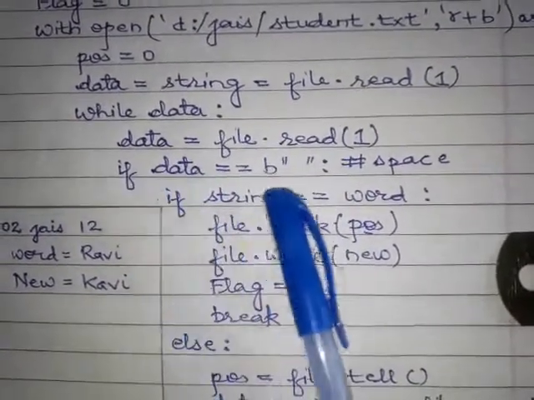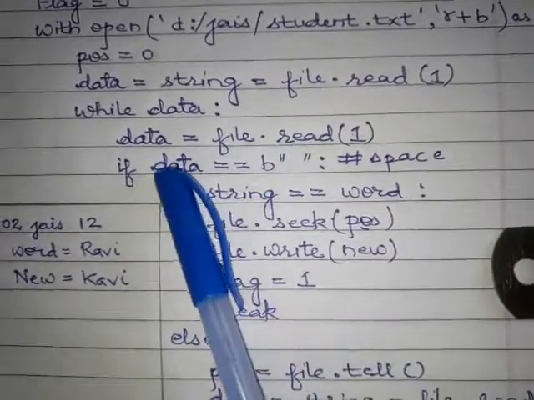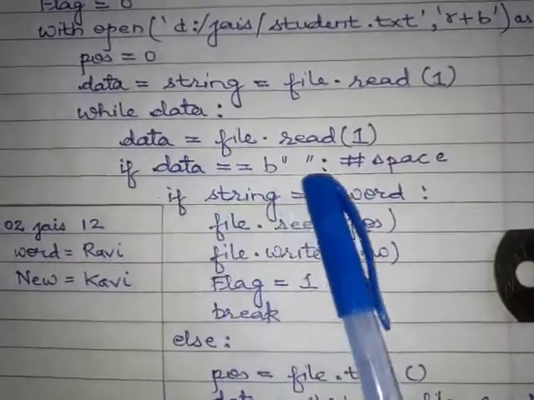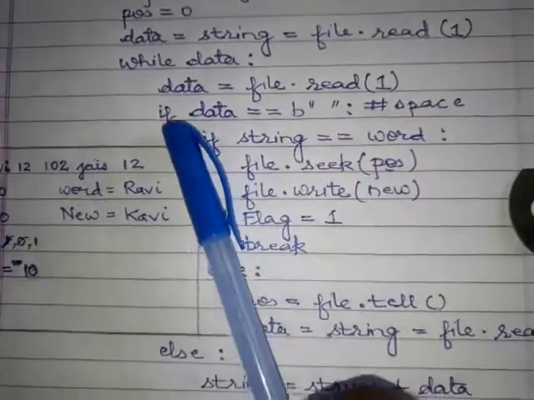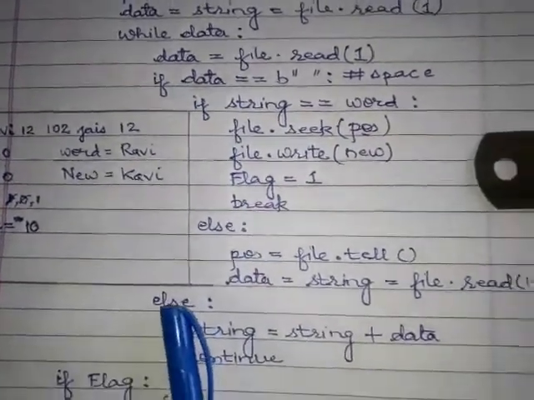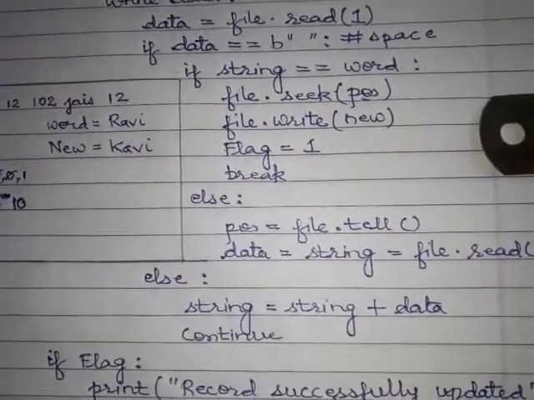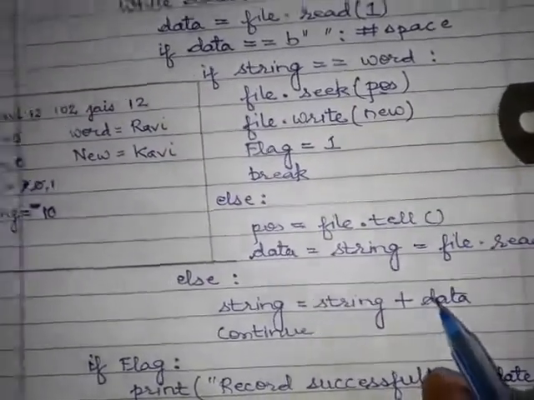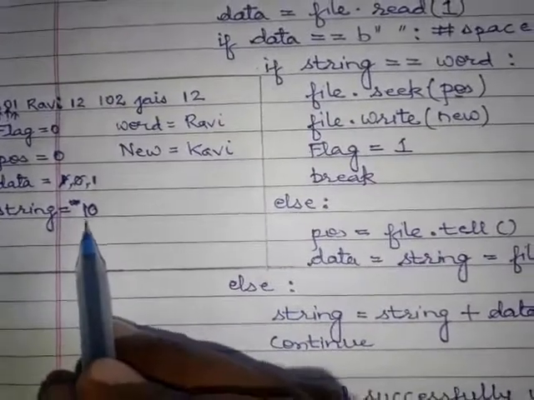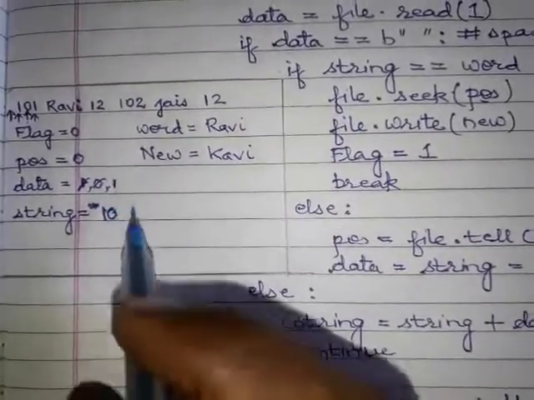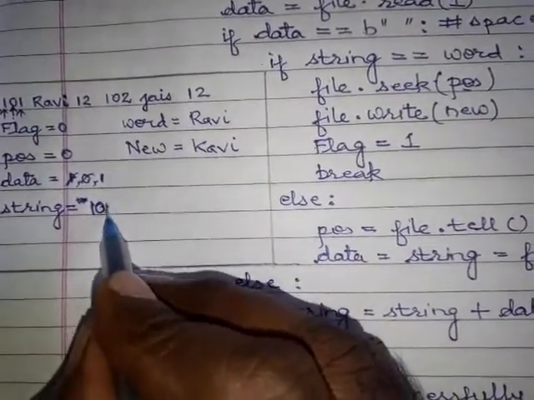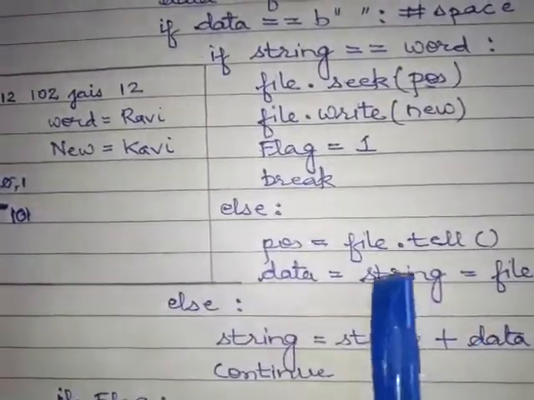So again we will not enter this if block, because this is false. So we reach the else part of the if. In the else part, string equals string plus data. Whatever the value of string, data is appended. Here string is 10 and 1 is appended, so string becomes 101.